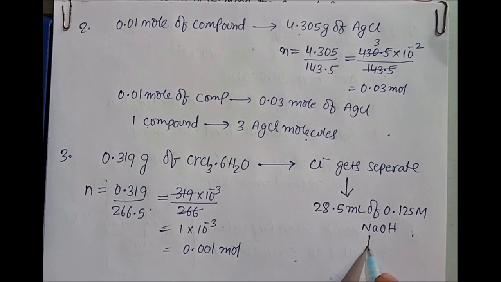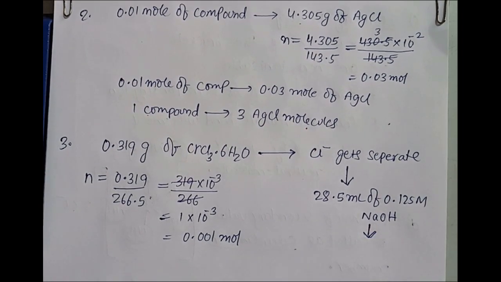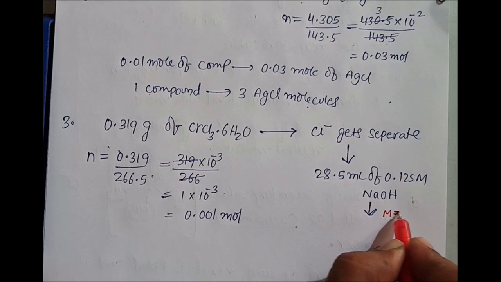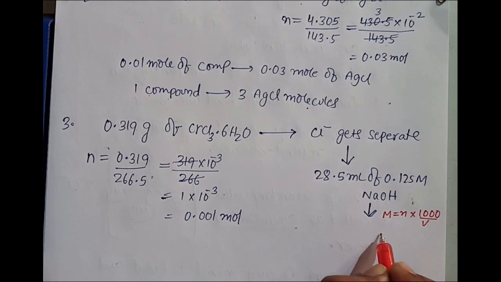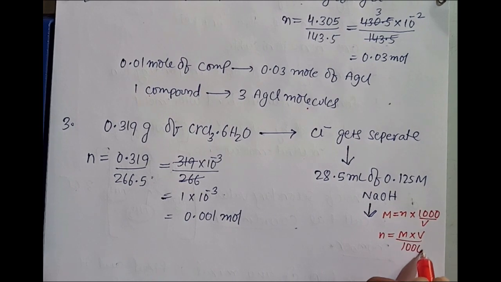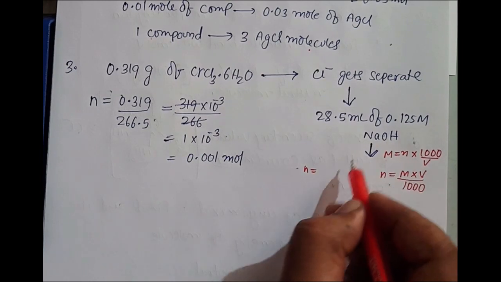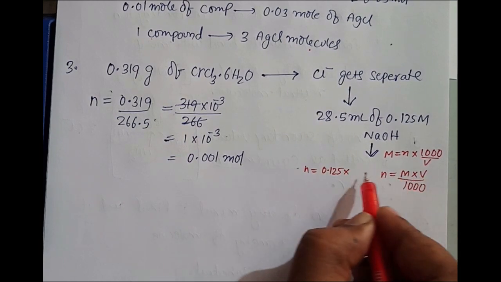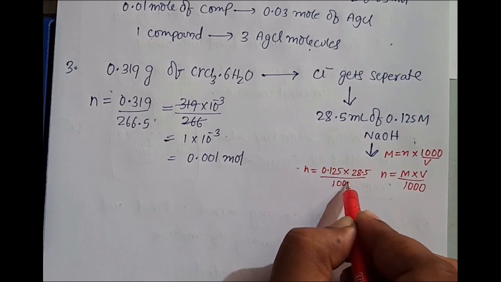Now here, how many moles of NaOH needed? I have to convert this into moles. We know the formula: molarity is equal to number of moles into 1000 by volume. Now number of moles is equal to molarity into volume divided by 1000. So number of moles is 0.125 into 28.5 divided by 1000.